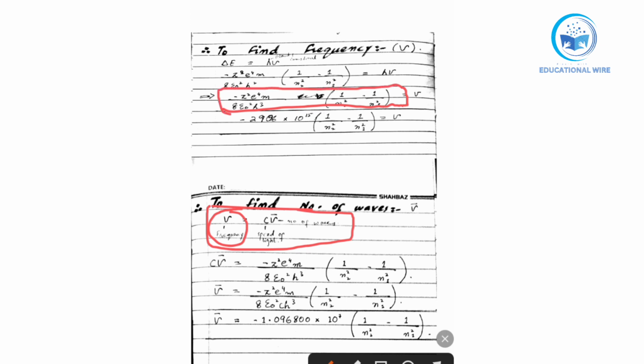Okay, now let's move further to find the number of waves. Here we use this formula: frequency is equal to the speed of light multiplied by the number of waves. What we have done over here is just change the value of frequency. We put the value of the complete frequency over here.